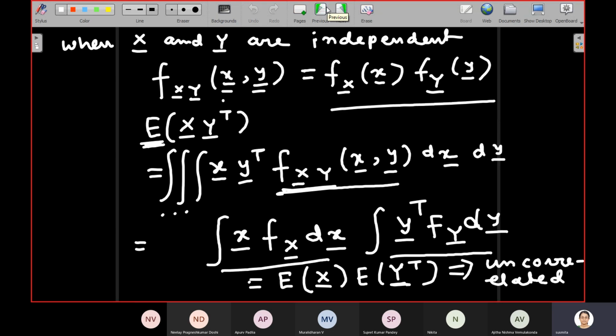Now here, let's say that the mean of x is 0 or the expectation of y is 0. Then what happens if one of the expectations is 0, then the product will be 0, right?